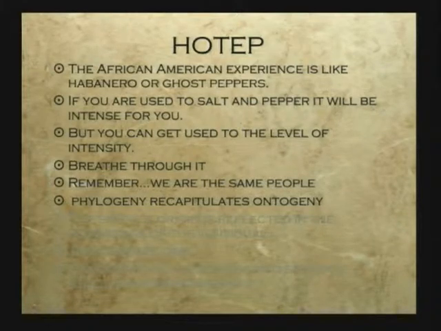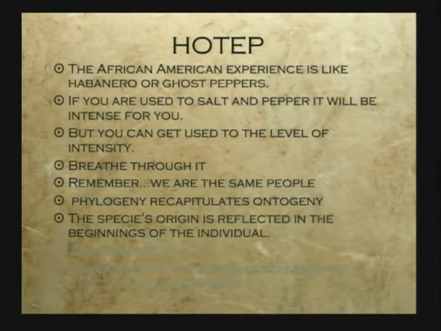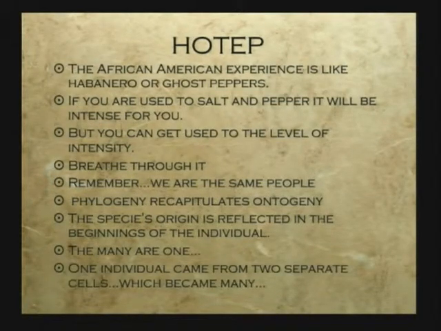Phylogeny recapitulates ontogeny, which I'll explain shortly. Okay? The species origin, phylogeny, is reflected in the beginnings of the individual. That's ontogeny. The many are one. Each individual, you, came from two separate cells, which became many.